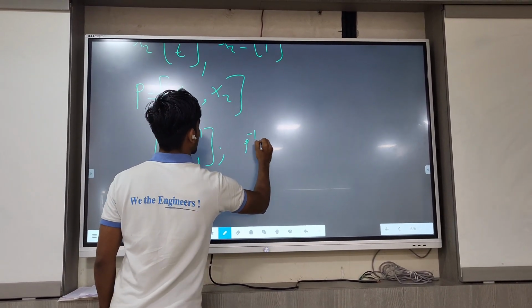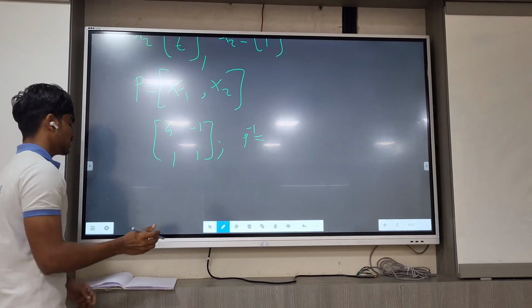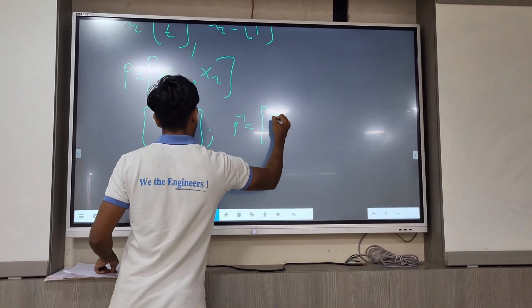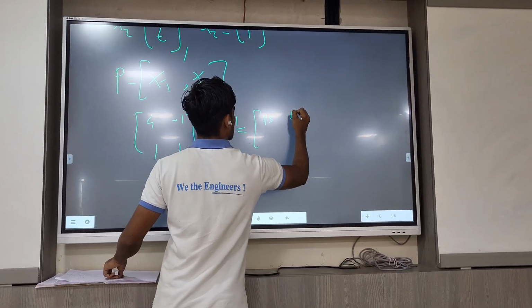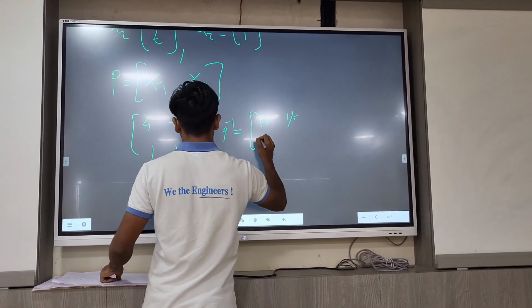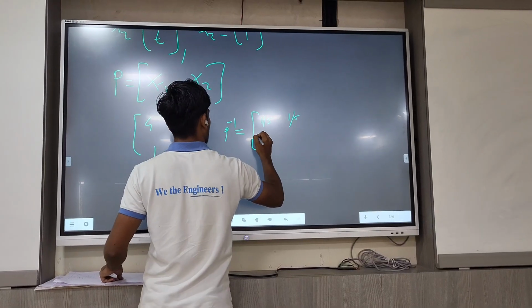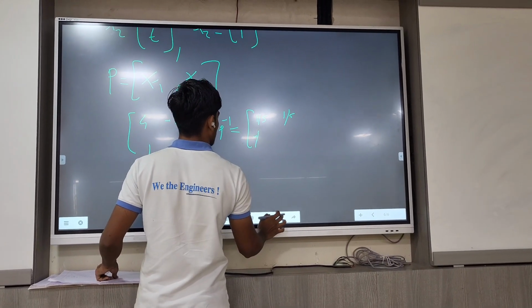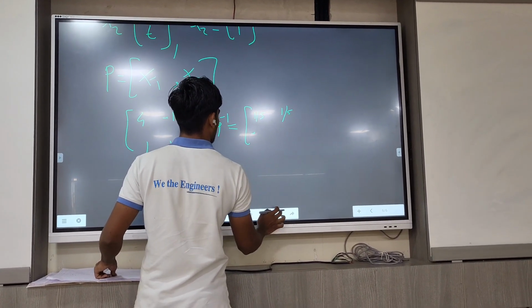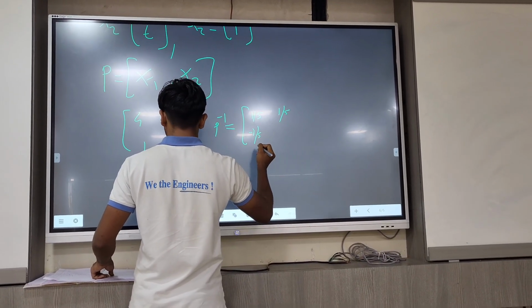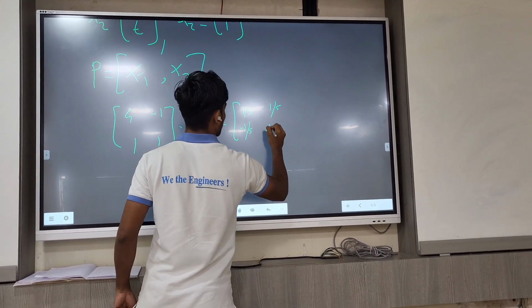So we put P in the calculator and then inverse it. So we get 1 by 5, another 1 by 5, and then minus 1 by 5 and 4 by 5.